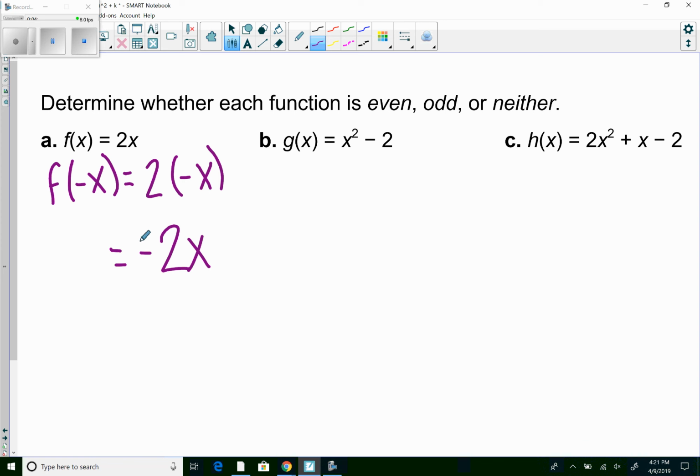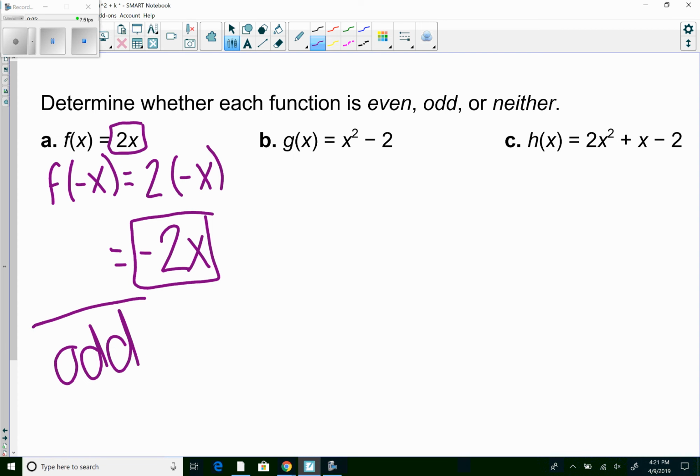So all of a sudden, our function went from positive right here in this step to negative here. That means that our function is odd. Okay? So we went from having a positive function to all of a sudden having a negative function.